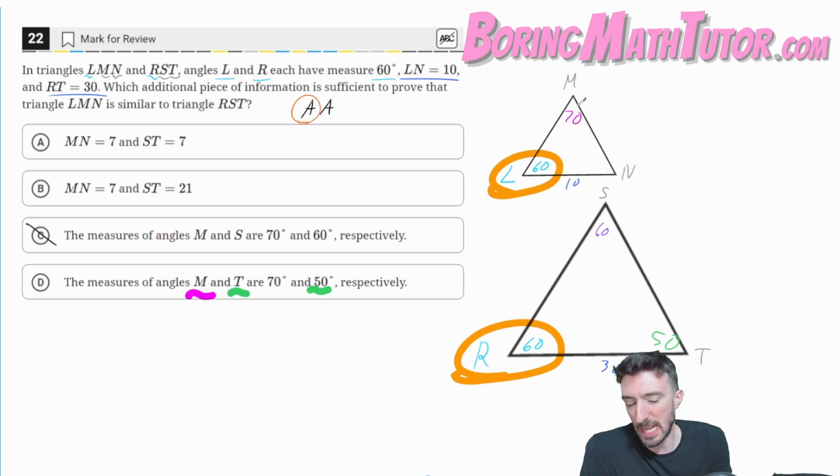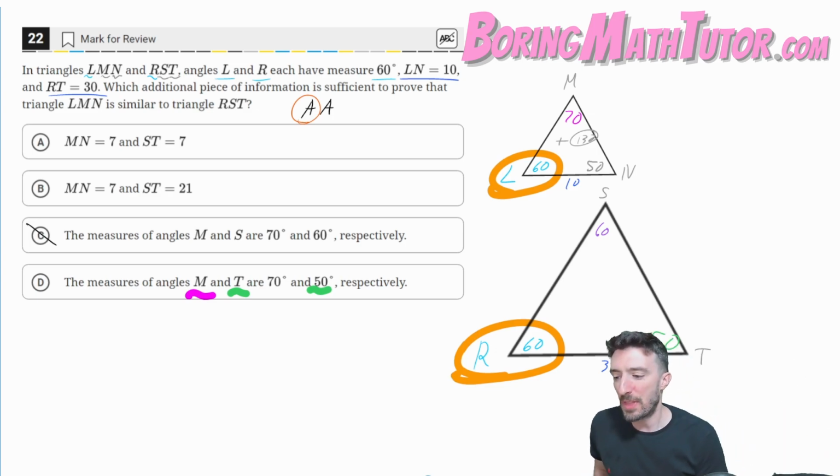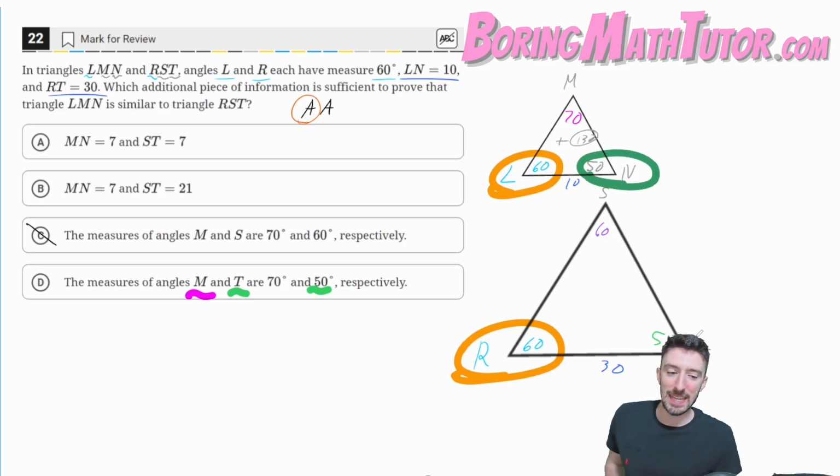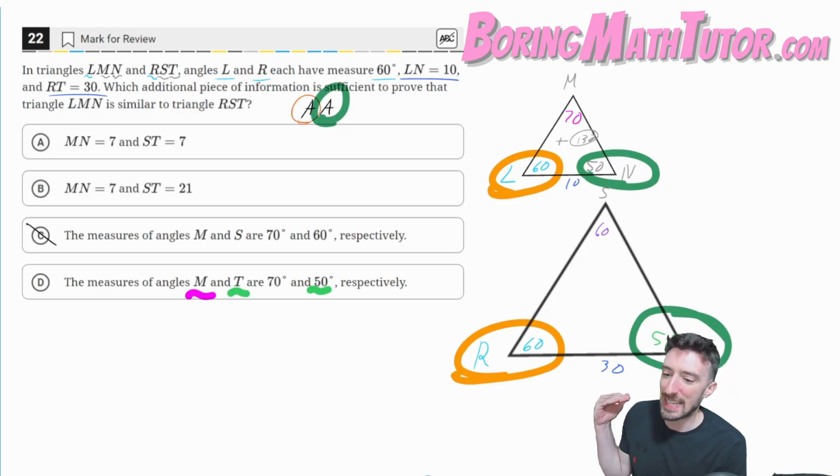But if I know that this one is 70 and this one is 60, then I could add those two up. That would get me 130. And then I subtract that from 180, and that would tell me that this one would have to be 50, which would actually get me that angle N is the same as angle T. So that gets me my second angle pair, and that's it. Turns out that's the answer.